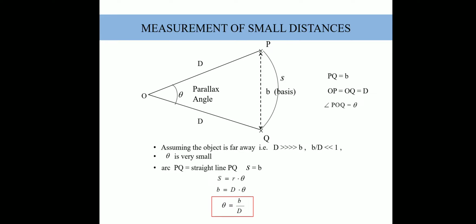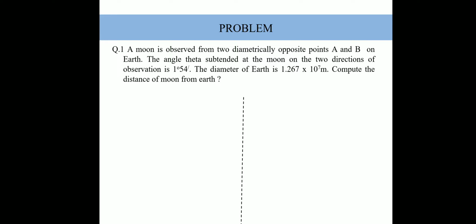Okay, for better understanding, we'll solve one problem from the textbook. The problem says the moon is observed from two diametrically opposite points, A and B, on earth.